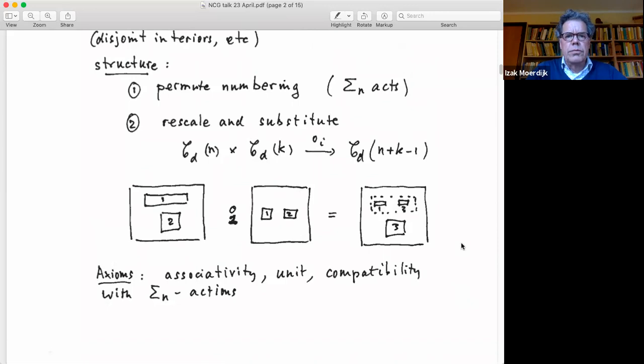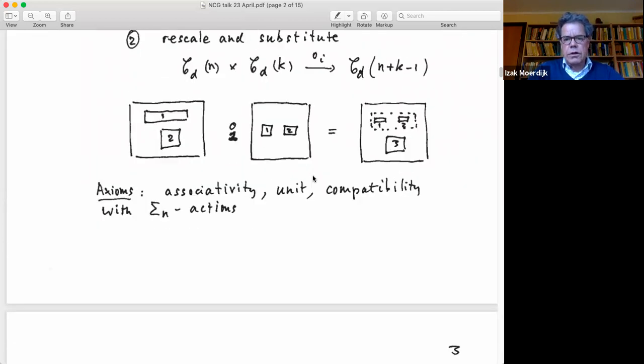Where is my circle operation here? If you have an n by n matrix and you pick a factor I, then you can take the ith one and substitute the k by k matrix there. This gives you the structure of an operad.